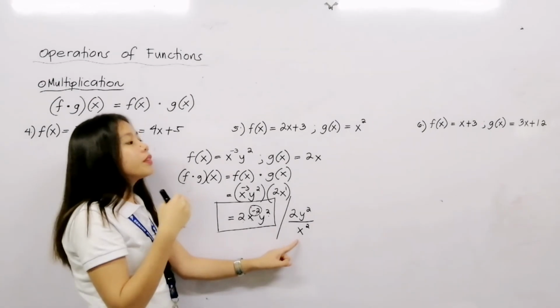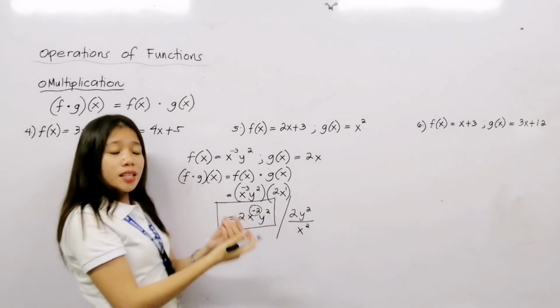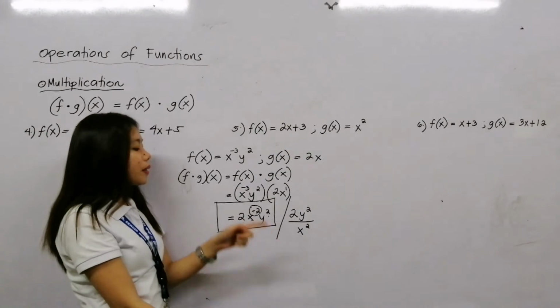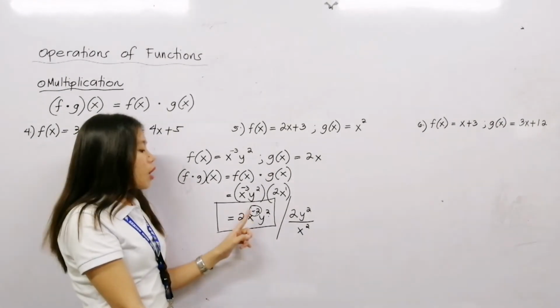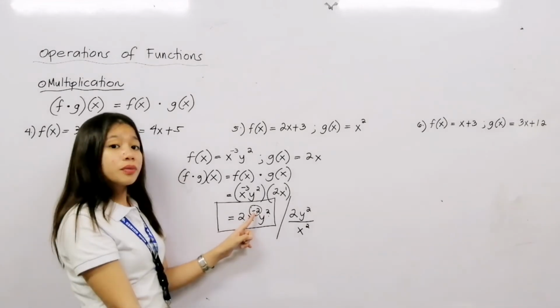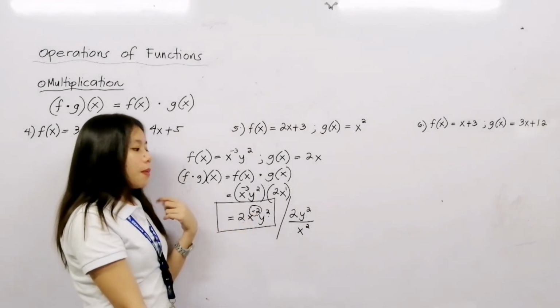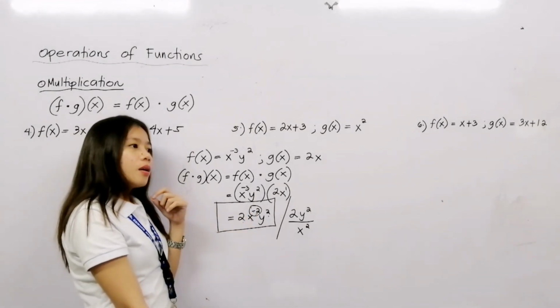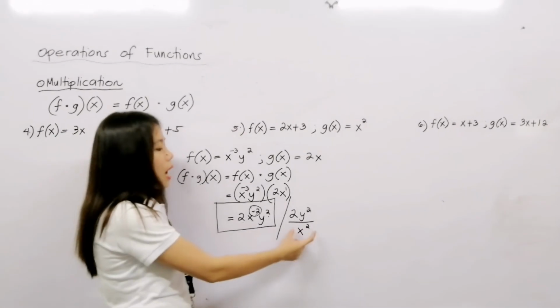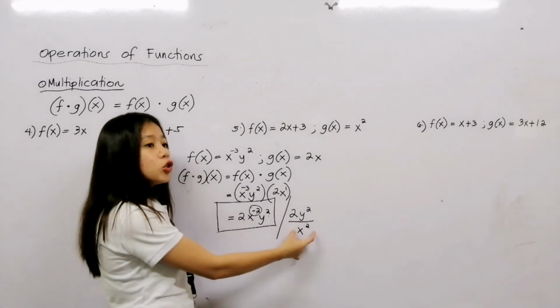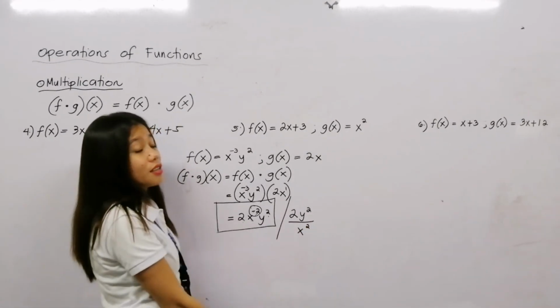Makinig ha, di ba? By the laws of exponent in division po, kapag yung exponent po natin for our variable is negative, we are going to apply the law of exponent in division, wherein ibaba na po natin yung expression and yung exponent niya po is magiging na siyang positive.